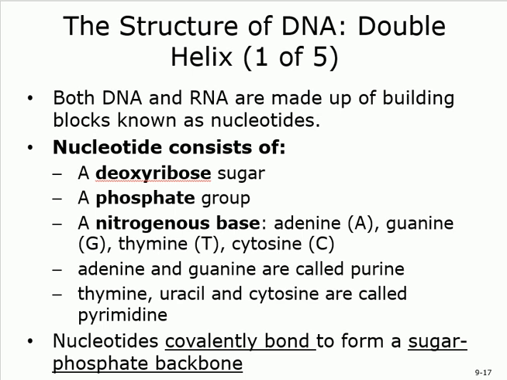So nucleotide and another nucleotide, each 3 will make a codon, and we will make the gene and chromosome. But nucleotides are bound together by covalent bonds to form the sugar phosphate backbone. What do you mean by that?